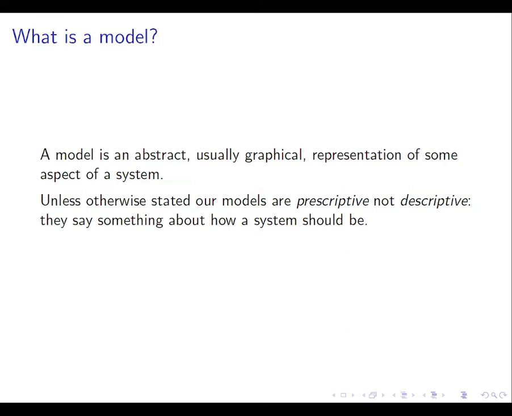The models that we're talking about in this course are prescriptive rather than descriptive, which is to say they say something about how a system should be. They're usually models which are built during the course of development, before the system itself really exists, and one could get into some interesting philosophical issues about the implications of that description, but at least just for now be aware of it.